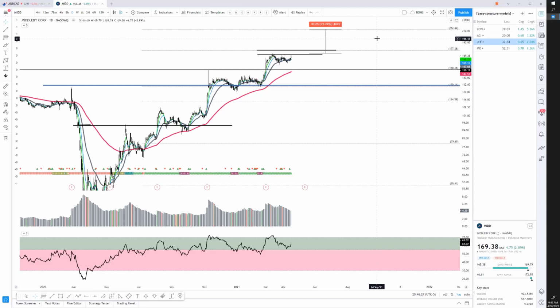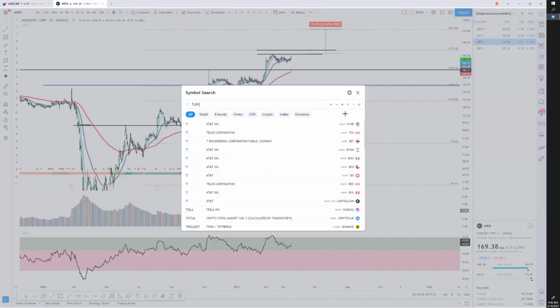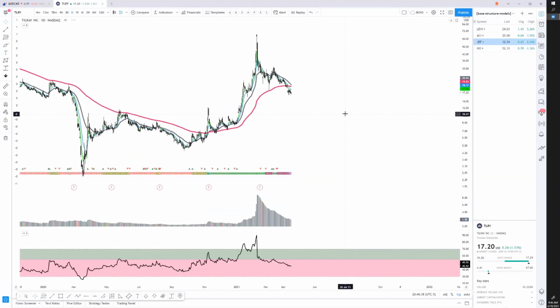Compare that to when we're trading yung mga malaki masyado yung naging correction. Let's say we're trading Tilray on the pullback. Tilray, alam natin, malaki yung naging correction na niya.